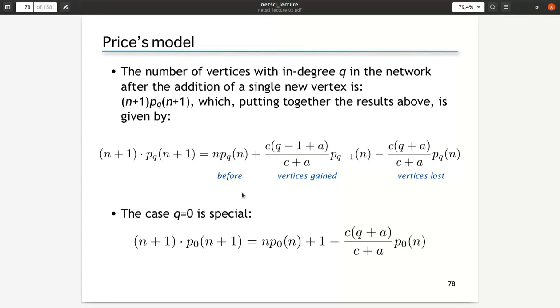So previously those which had, let's say, k minus 1, so let's say five citations, then those which get new citations will have 6 citations.